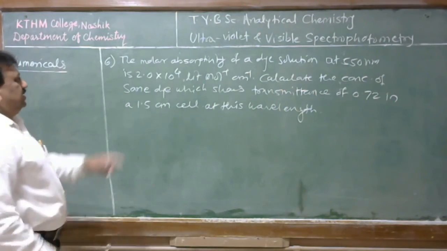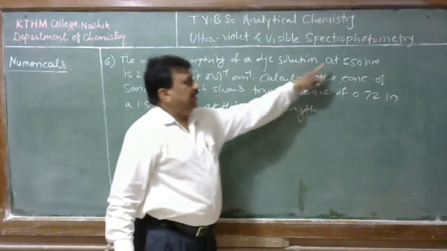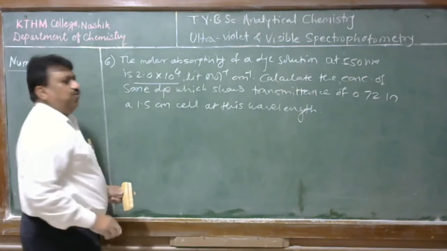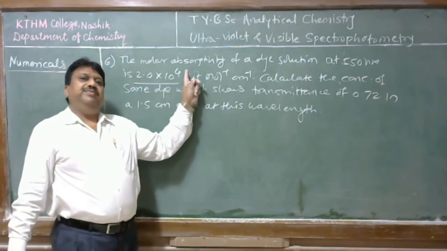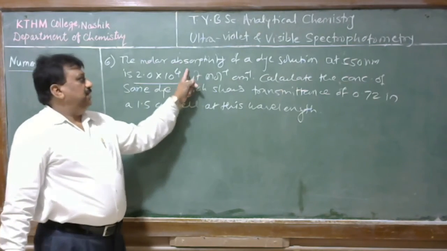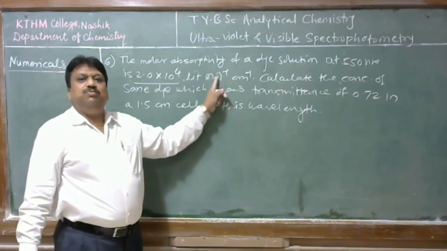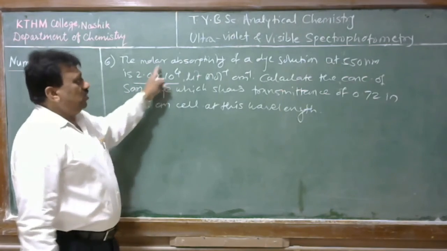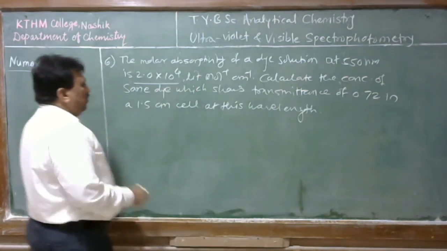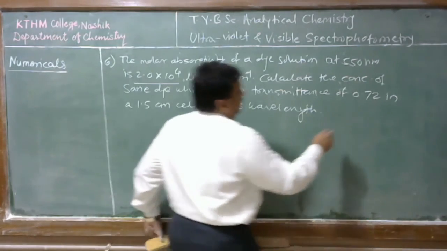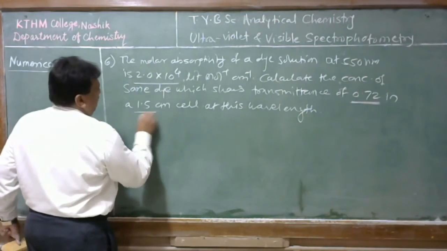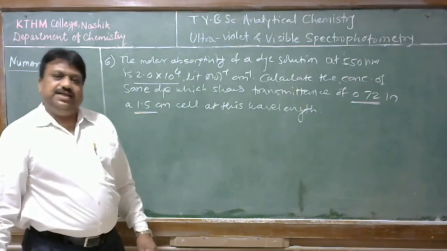Now in this case, the molar absorptivity of the dye at this wavelength is given, 2.0 into 10 raised to 4. Molar absorptivity is in the order of 10 raised to 3 to 10 raised to 4, and it is expressed in liter per mole per centimeter. Again we are given the transmittance of the same dye solution in a 1.5 centimeter cell.